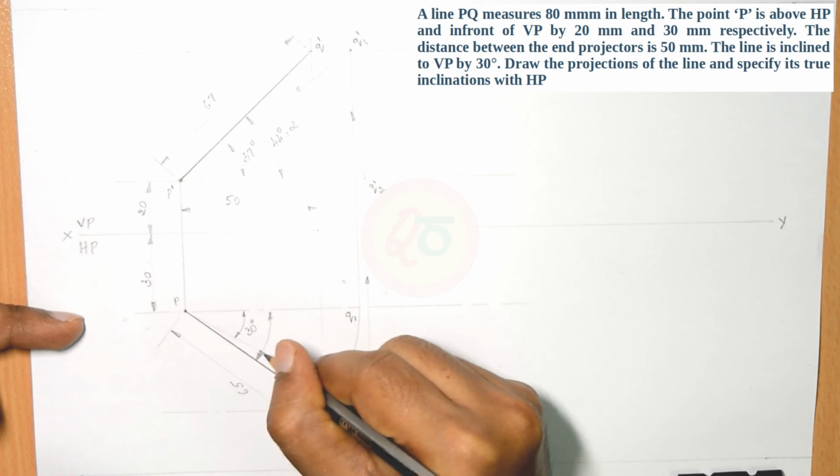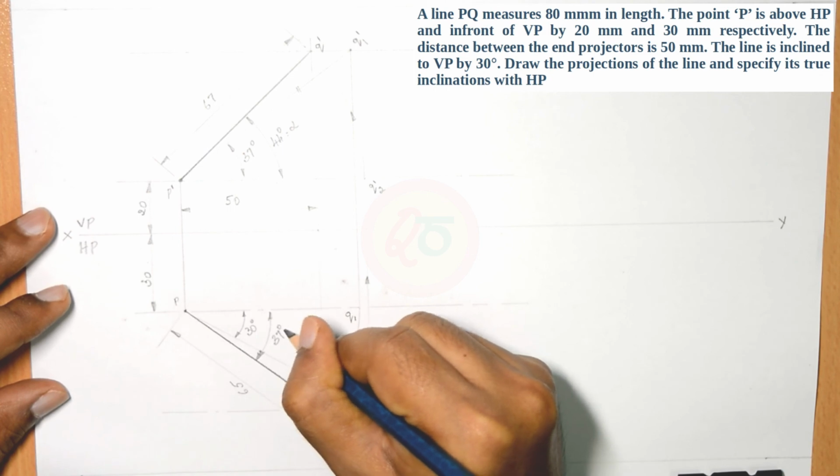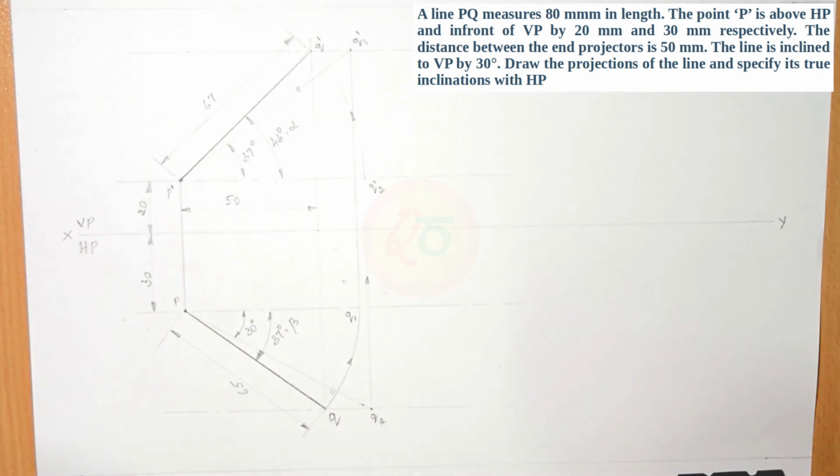The arrow marks on the arc should also be at a 3:1 ratio. This is 37 degrees, it is nothing but beta.